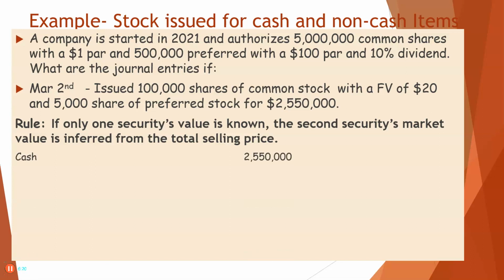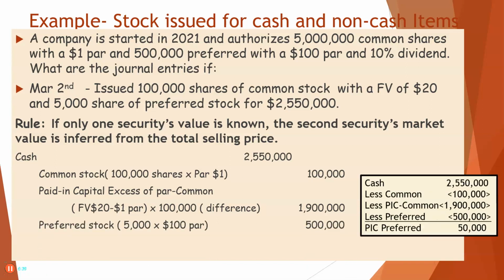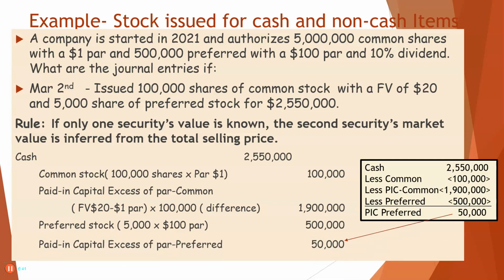So, cash is 2.55 million. Common stock is going to be 100,000 shares times $1. Paid-in capital is going to be the $20 minus the $1 times 100,000. The preferred stock is going to be 5,000 times 100, and then the plug is going to be additional paid-in capital, par, for the preferred stock.